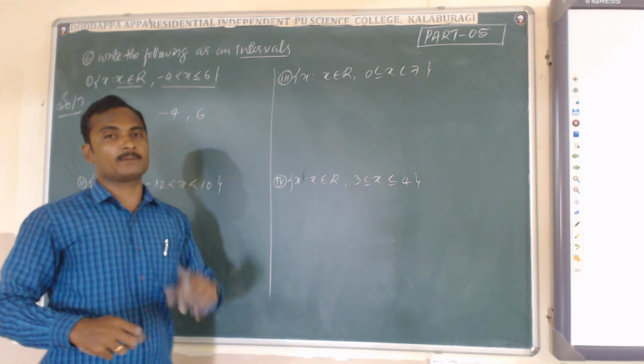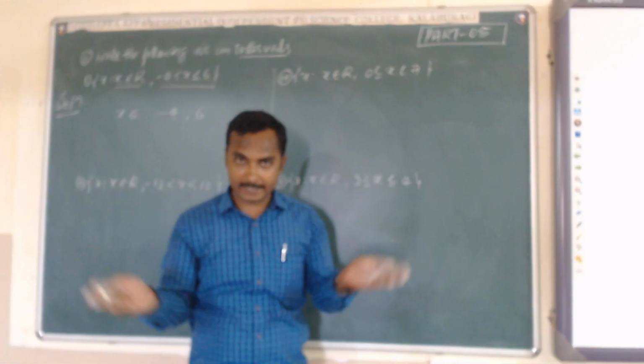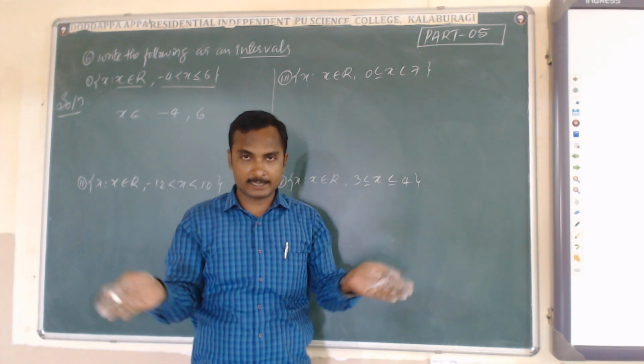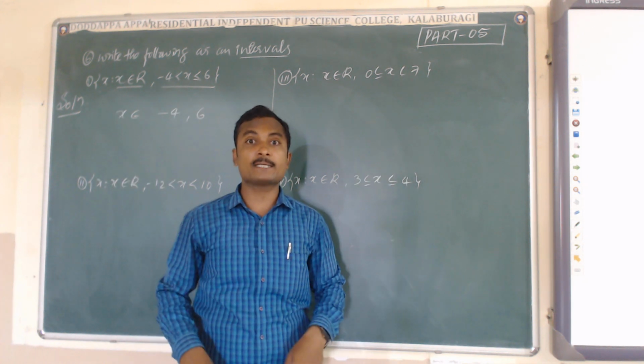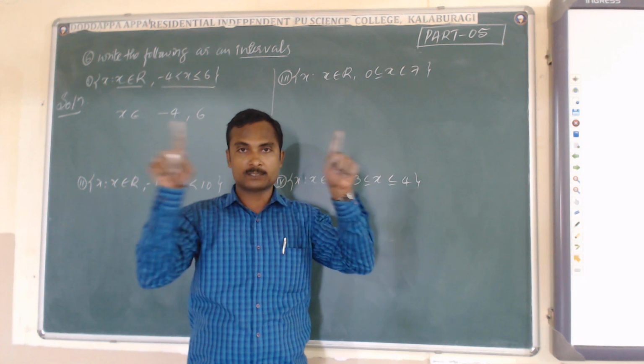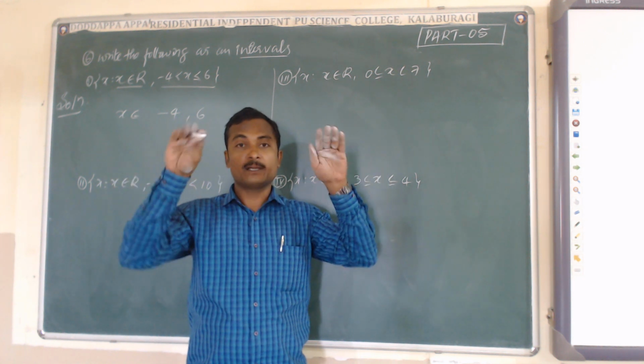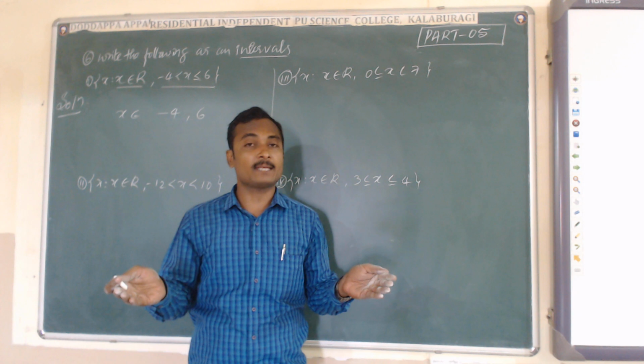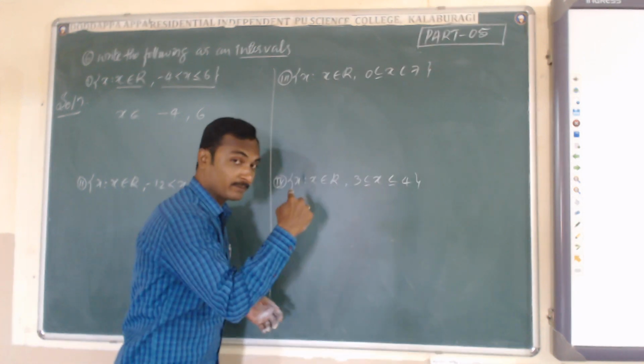There are two types of intervals. One is the open interval like this, and one is the closed interval like this. Okay, so what is the meaning of an open interval? I write the definition again.